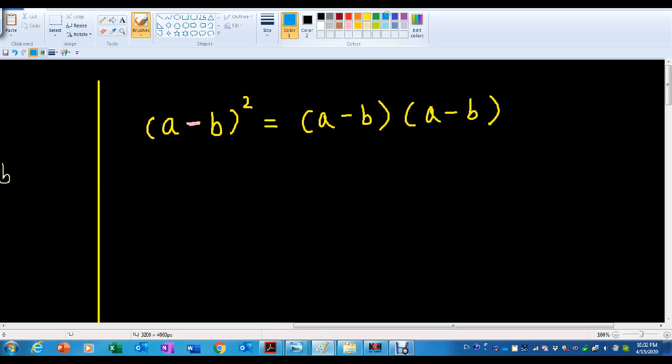Okay, remember that. Okay, first. So that's our first, a times a, right? Okay, and then O, that means outer. So you see this one's a times b. No, actually it's a times minus b. So a times minus b, positive a times minus becomes minus, isn't it?